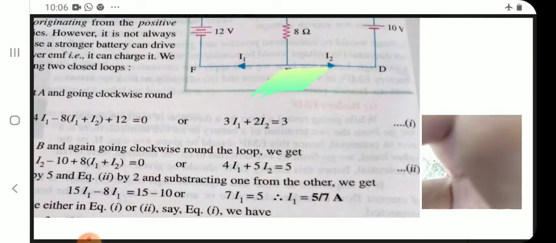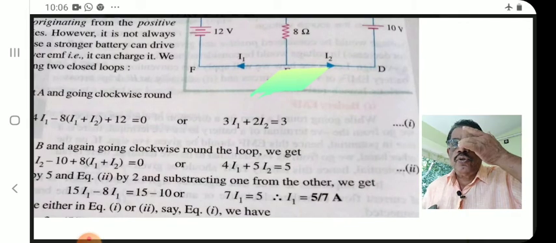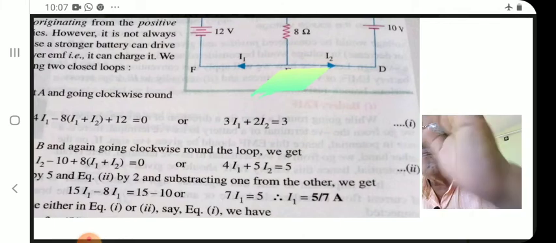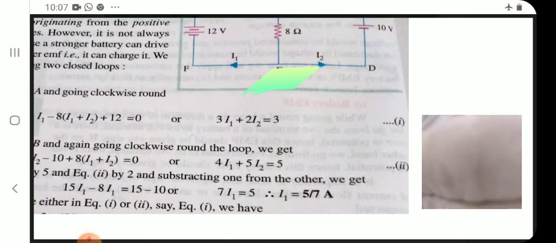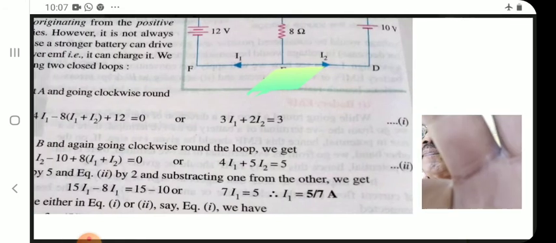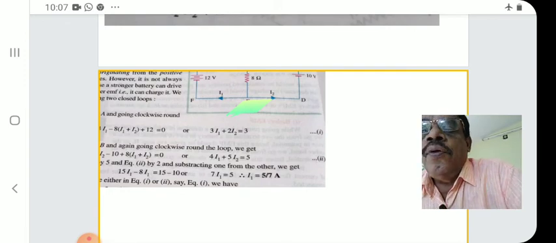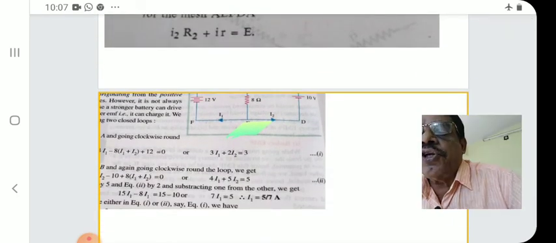A problem is done based on Kirchhoff's second law. We have to evaluate the current in the following circuit.